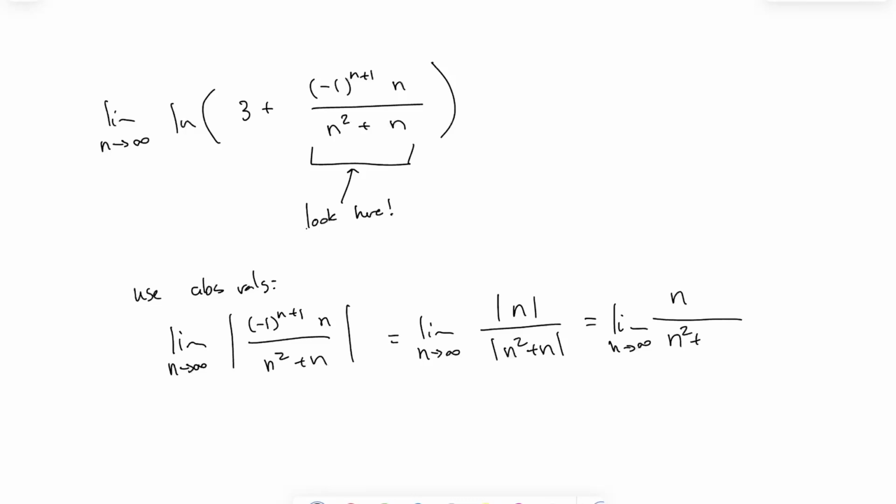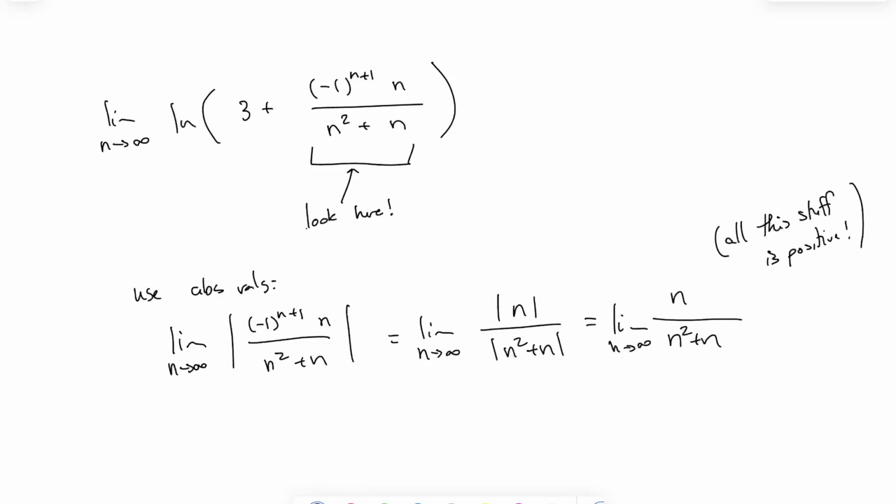This is because all this stuff is positive, right? n is 1, 2, 3, 4, 5, and so n is always positive. And n squared plus n is always going to be positive because there's no minus anything. So we don't need the absolute values anymore.